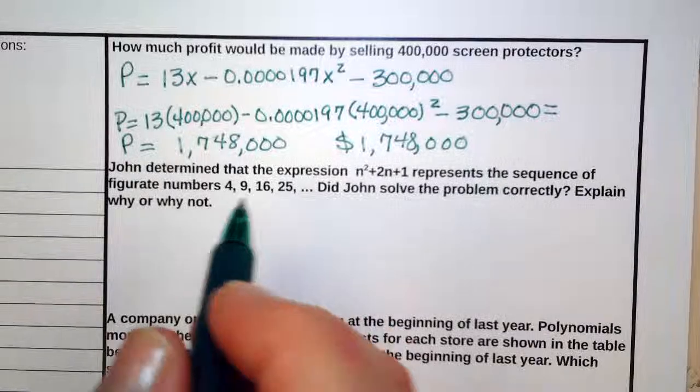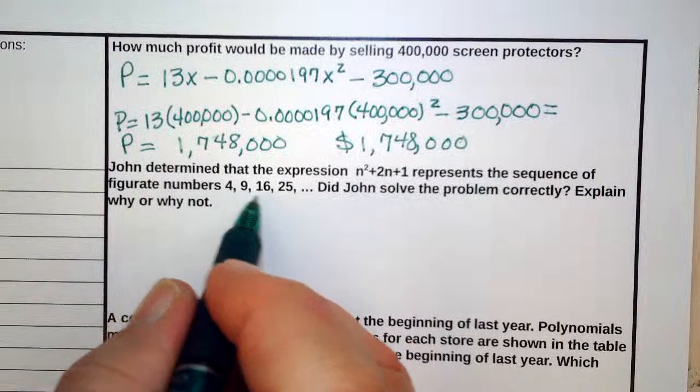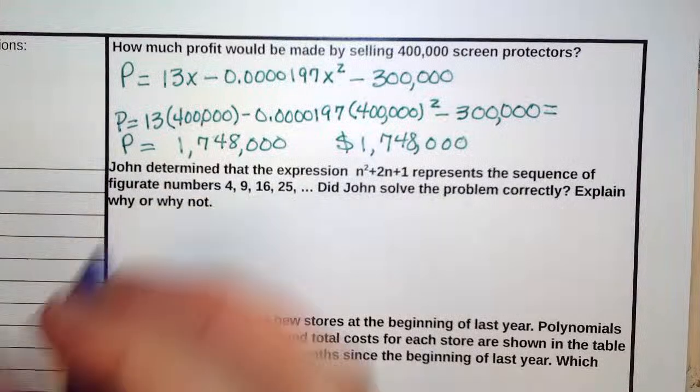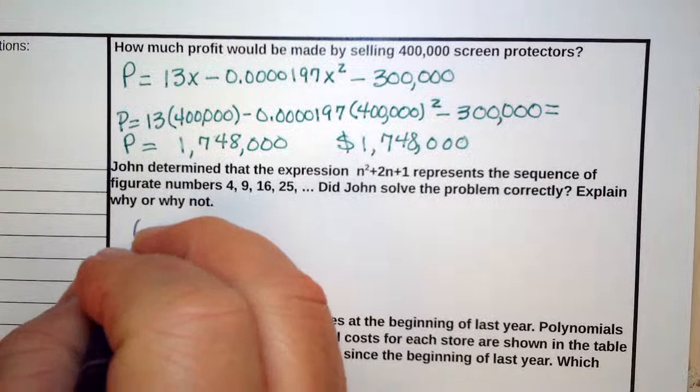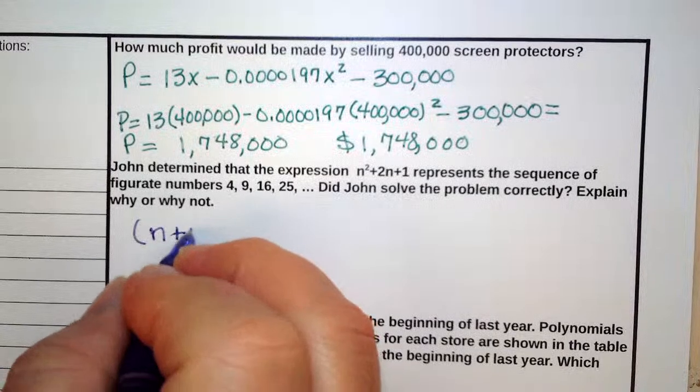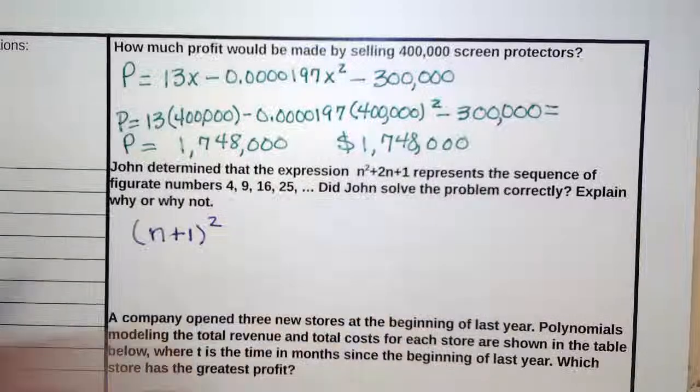Okay, if I'm looking at this, this would be 2 squared, 3 squared, 4 squared, 5 squared. So, to get to the next one, if this is n, the previous number, I add 1 to it, and then I square it.